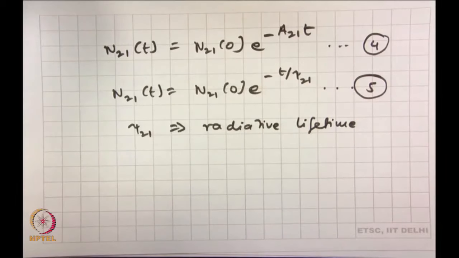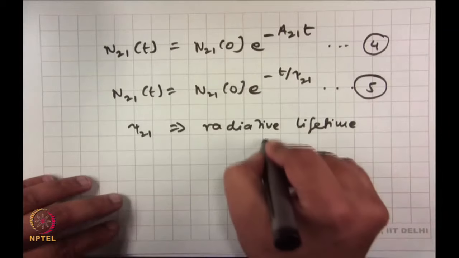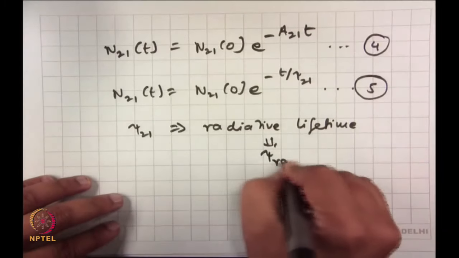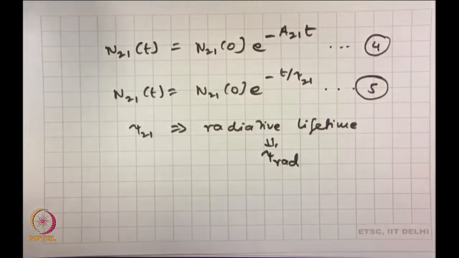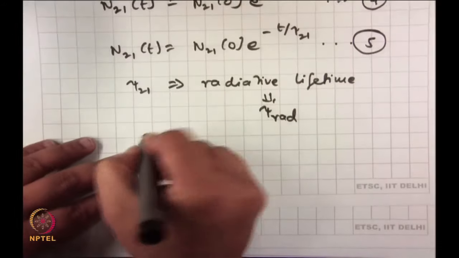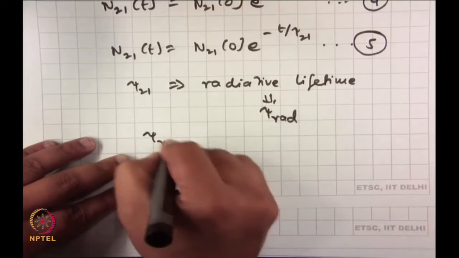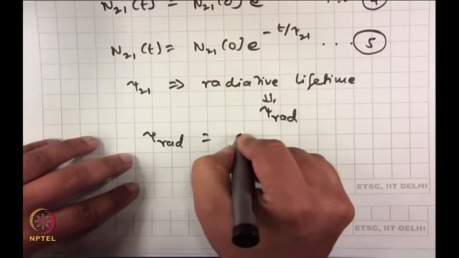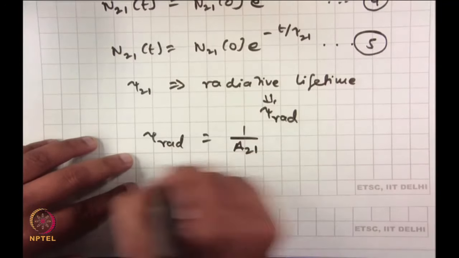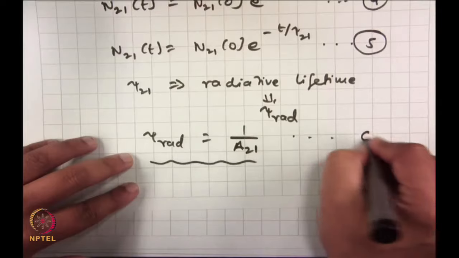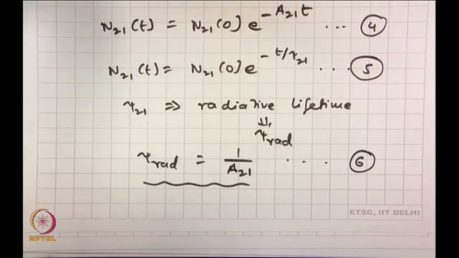This tau is known as radiative lifetime. That is why it is also referred to as tau radiative, and I can write tau radiative is equal to 1 by A21. This is number 6.